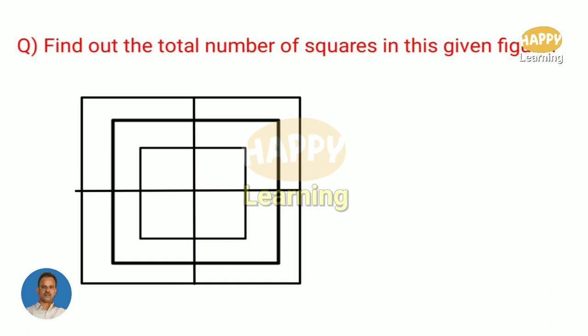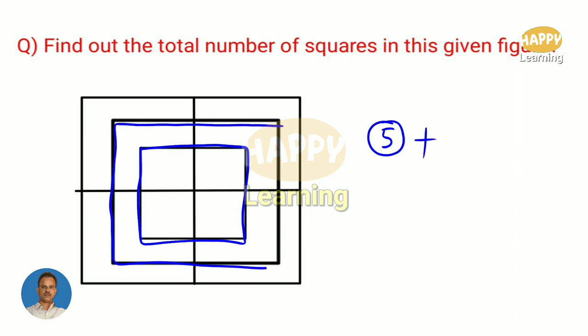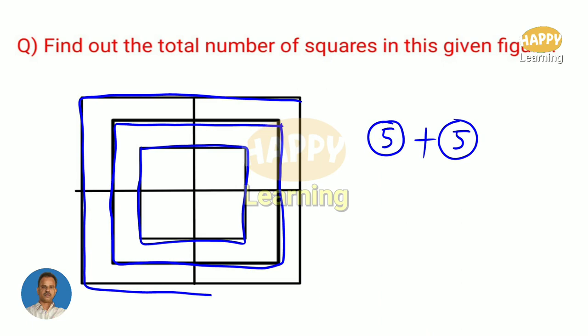So here this is one more example. We already discussed that the total number of squares here will be, so in this inner square you will find 5 squares, plus in the intermediate square you got 5 squares, and in this outer square you will have another 5 squares.